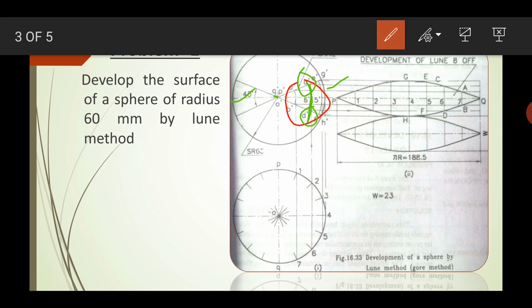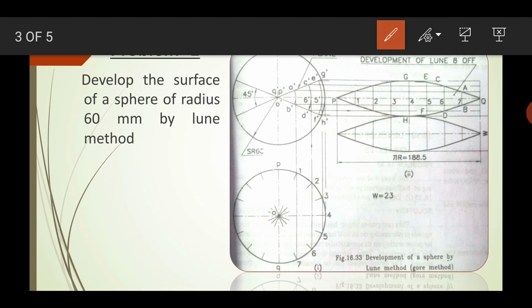I draw a center point, and then mark 45 degrees here and 45 degrees, that is totally 45 degrees. Then from 6 dash I mark an arc, and draw C dash and D dash here, exactly like 5 and 7 and this 4. 4 will be the last end point. For 6, 7, 6, 5, these three I mark an arc like this.